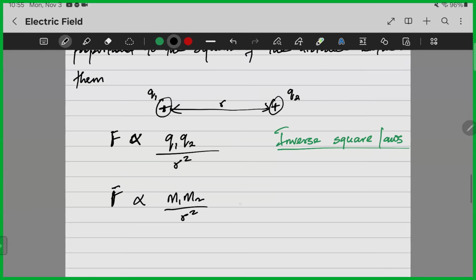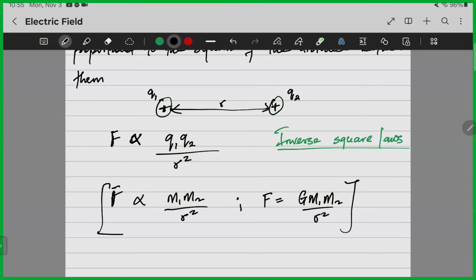And then for gravity, we later said F equals G m1 m2 over r square. This law was Newton's law of gravity.